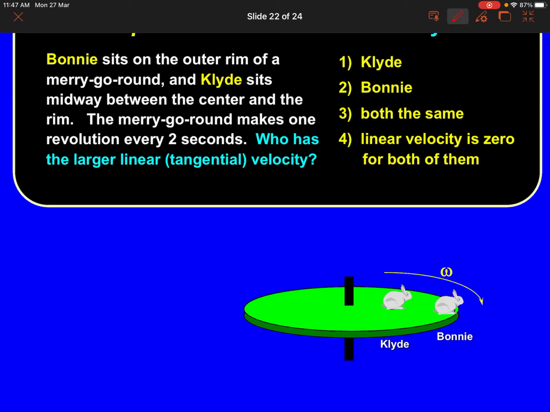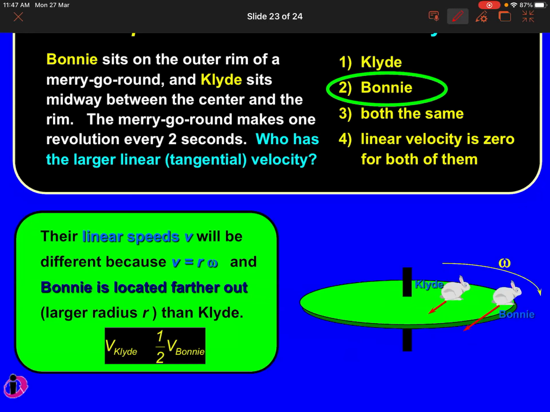Right, linear velocity v, that's related to angular. It's the same analogy as the wheel, except that this one is just in this axis here. So as the turntable rotates, the rabbit who has a larger radius will have a larger linear velocity.